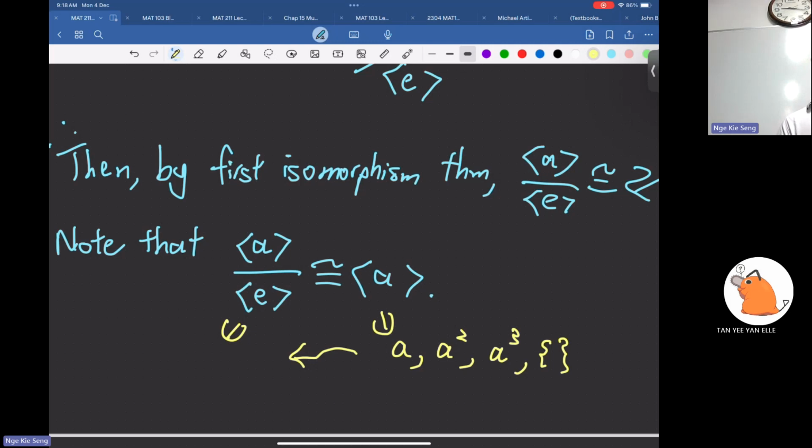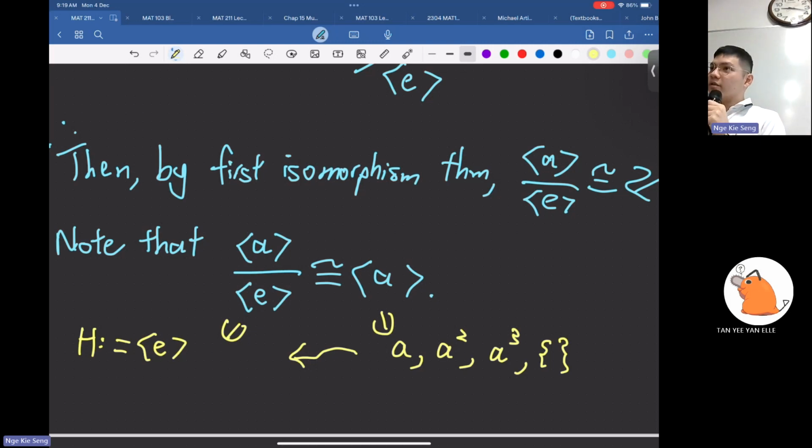Okay, so what are the cosets here? Coset is what? A times some subgroup. Okay. So what's the obvious subgroup in this coset here? It's the trivial subgroup. Okay, this is your H, if you like. Okay, what are the other cosets here?